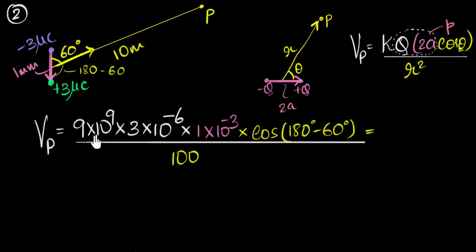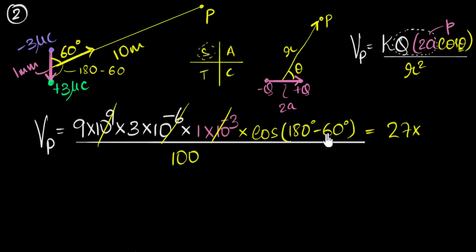So let's see. We just now have to plug in. So 9 times 3 is 27. Times this, and this cancels out. See, 10 to the power 9 minus 6 minus 3 minus 9. That nicely cancels out. What is cos of 180 minus 60? Well, I remember the allied angles thing. Since this is in the second quadrant, I write ASTC. So in second quadrant, cos is negative.